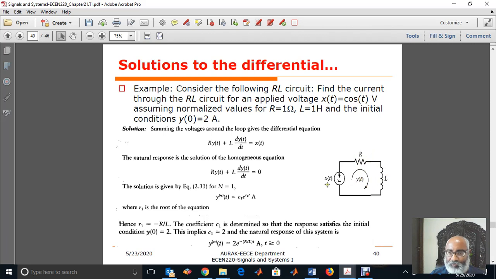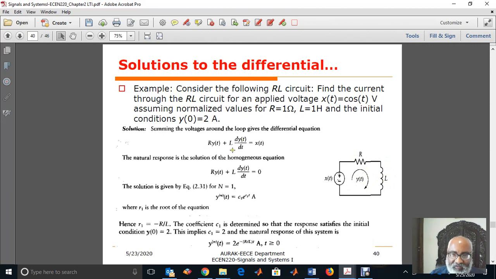I have an input voltage x of t, a resistor, an inductor, and a current flowing in this series circuit, and I can take this as the output y(t). You can take any output, for example the voltage across the resistor or the voltage across the inductor; this is up to you. In this example, the current is the output y of t.